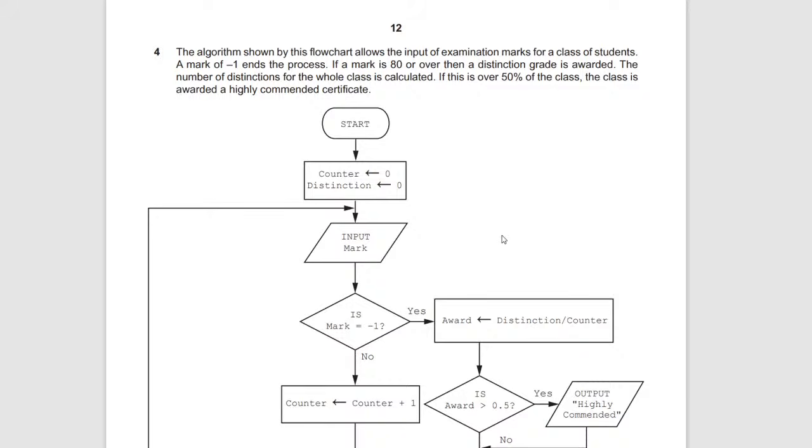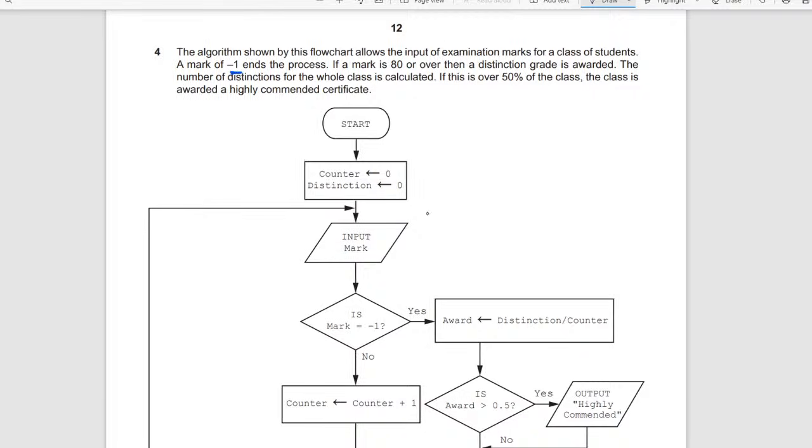Okay, but for now, let's go over the section B, and we're going to start off with flowcharts, because flowcharts almost always come. So let's begin with this. So it starts by saying the algorithm shown by this flowchart allows the input of examination marks for a class student. Okay, and then it says a mark -1 ends the process.